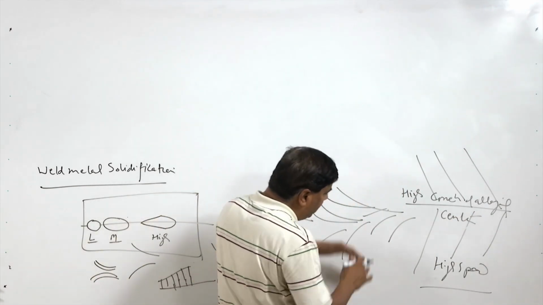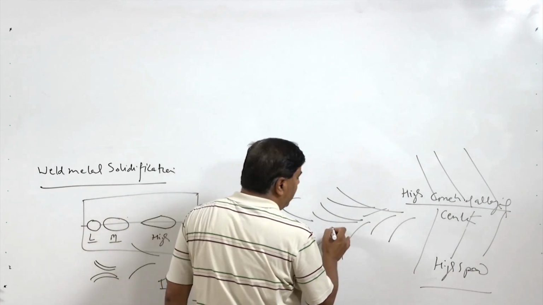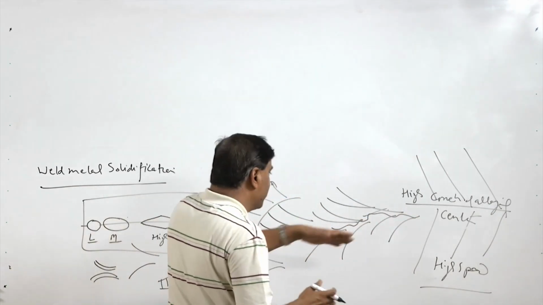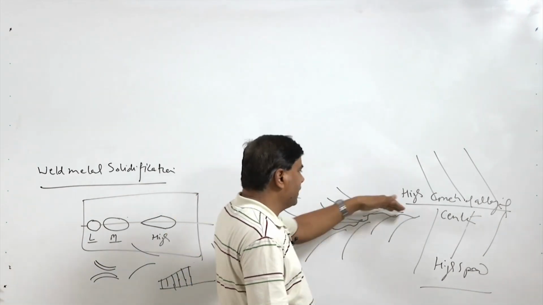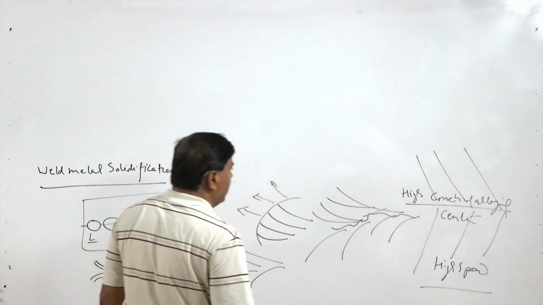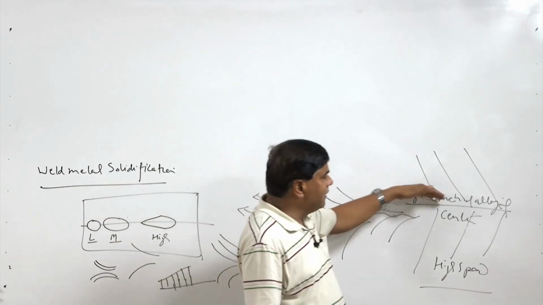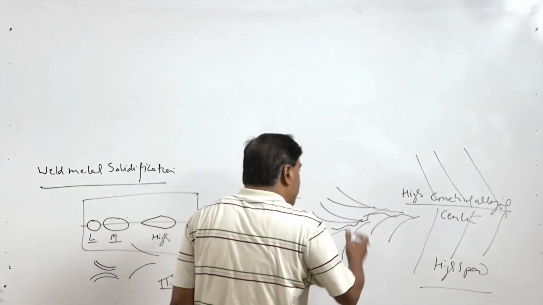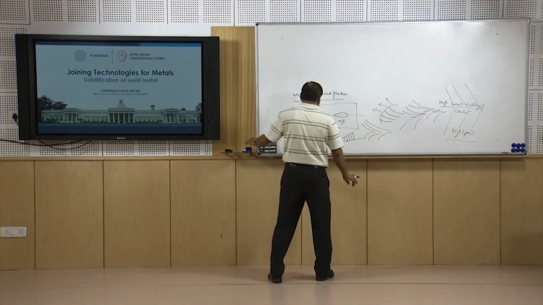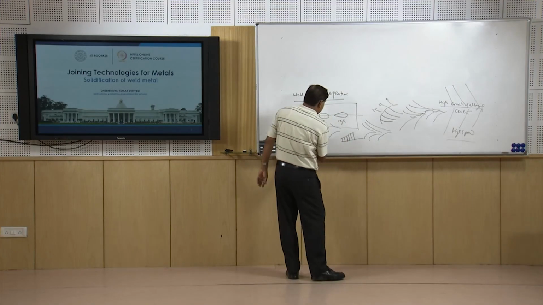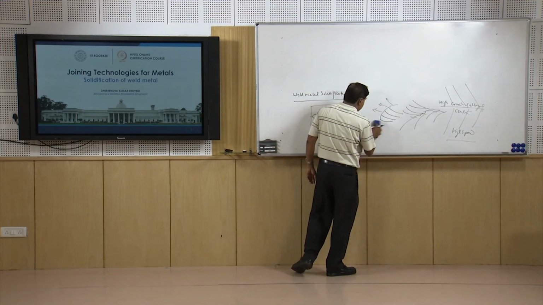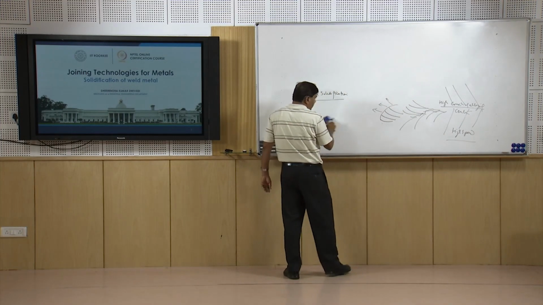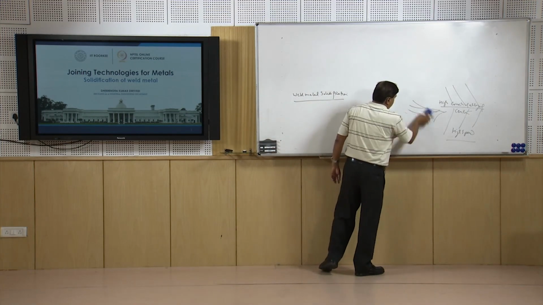When we have curved columnar grains, these alloying elements are distributed over different locations. So, they will not segregate along the center line, because segregation of these alloying elements at the center promotes solidification cracking. So, we want to avoid this. This is how the columnar grains may be curved type or straight ones, found under different conditions.